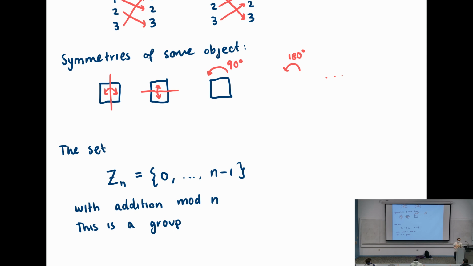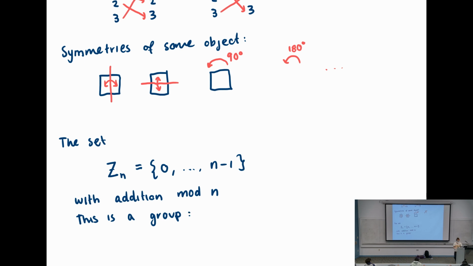The identity is 0. And you can figure out what the additive inverse of each element is by taking the negative of that number and figuring out what that is mod n. So this is called the integers mod n, and this is a group.